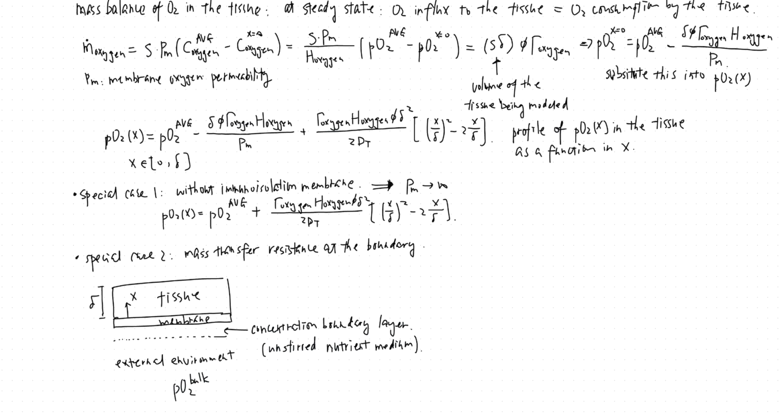Now let's say that the resistance is characterized by a mass transfer coefficient Km. So the mass transfer resistance at the boundary is characterized by a mass transfer coefficient.